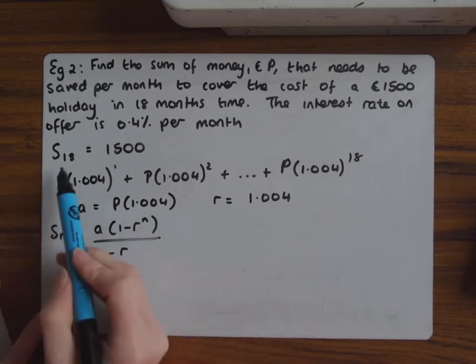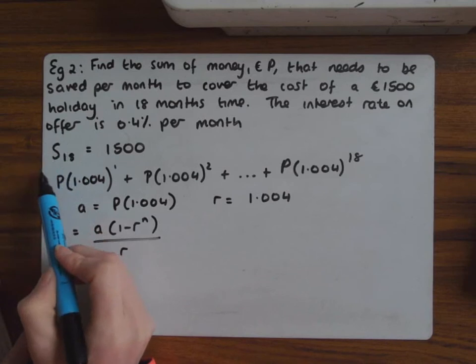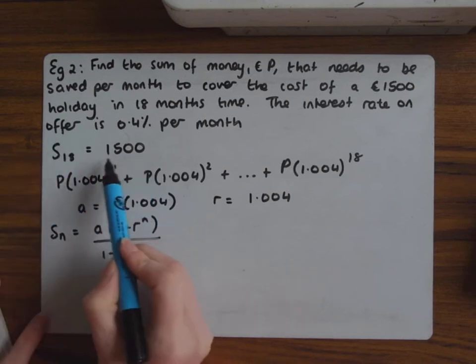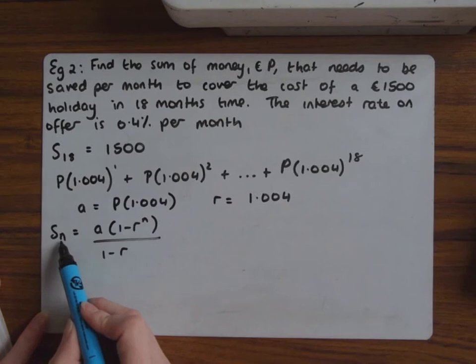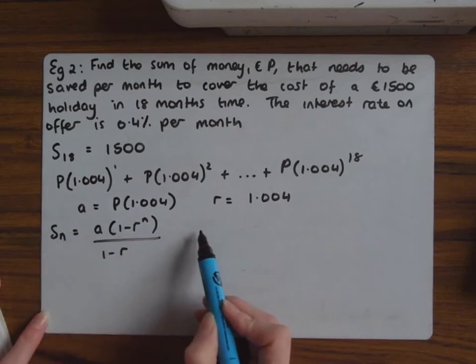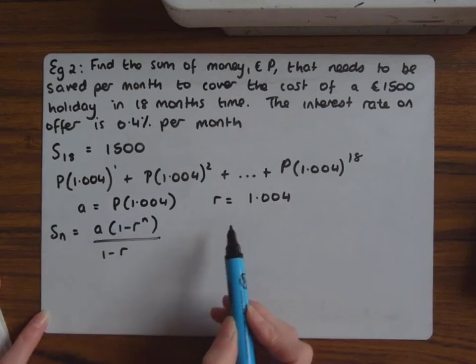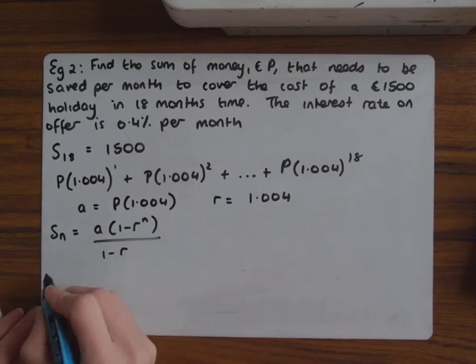Now, I know I need the sum of the first 18 terms to equal 1,500. Okay, so when I fill in 18 here, fill in my A and my r, I'm going to put it equal to 1,500. Okay, so let's just do that.